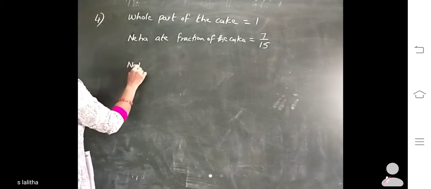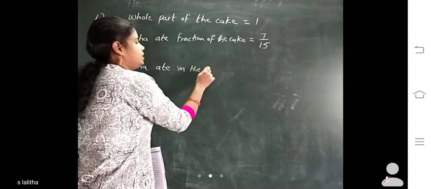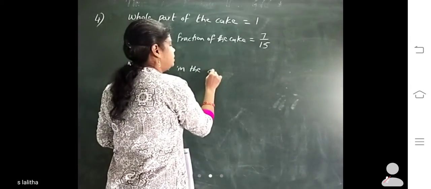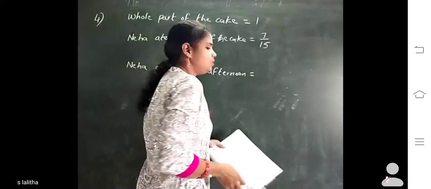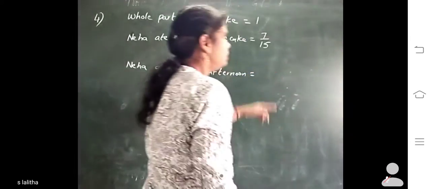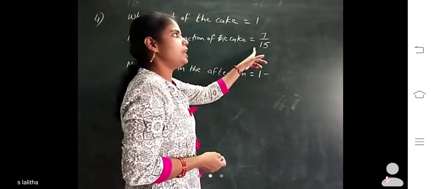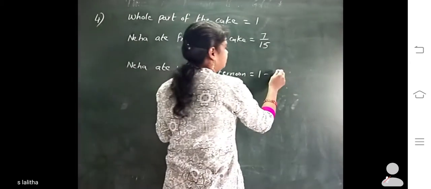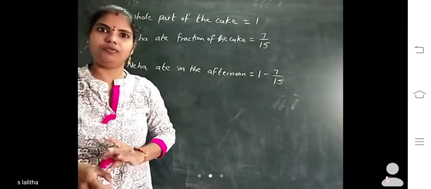Neha ate in the afternoon equal to, so the total is how much? 1 minus, how much part did she eat in the morning? 7 by 15. So 1 minus 7 by 15.